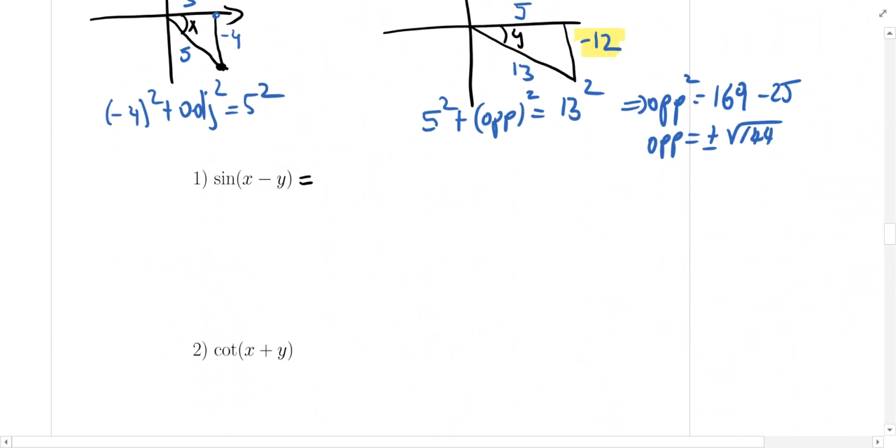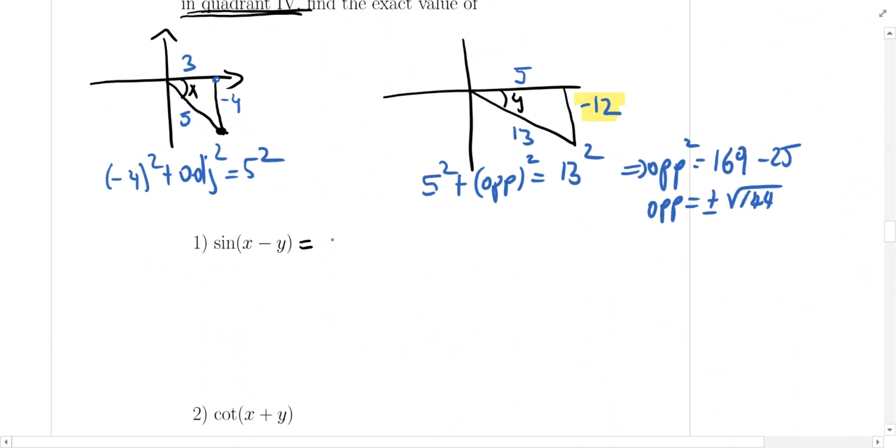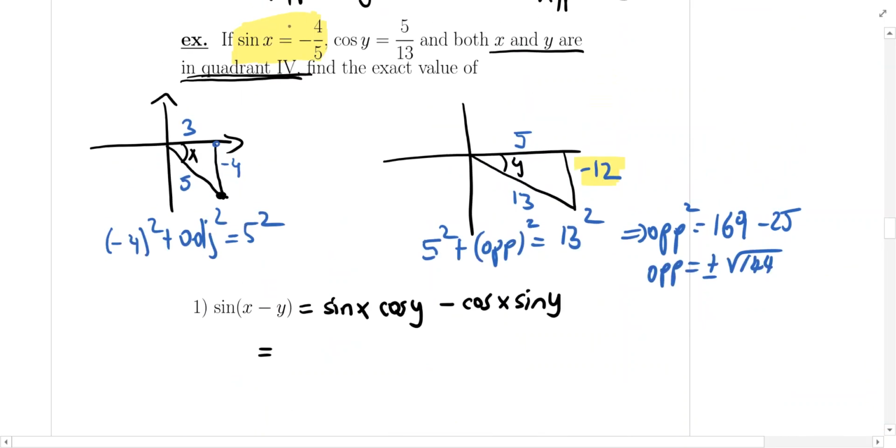So going back in here and following the formula, this is sine of the first, so sine of x, times cosine of the second, minus cosine of the first, which is cosine of x, times sine of the second. Okay, so now, what is sine of x? Sine of x was given to us in the problem: negative 4/5. What is cosine of y?